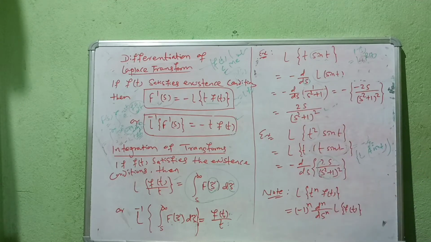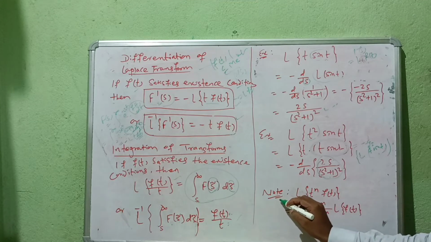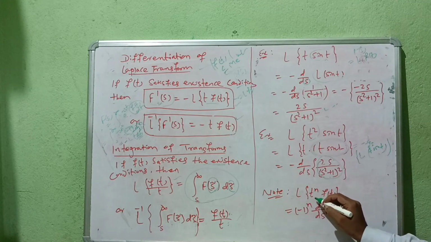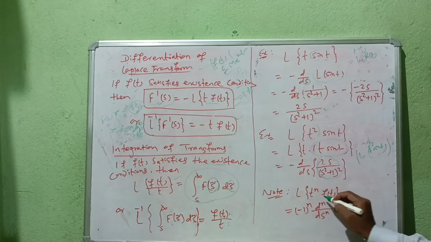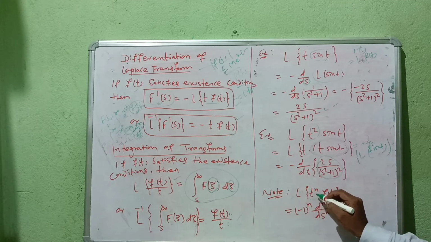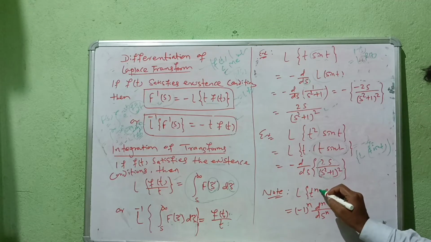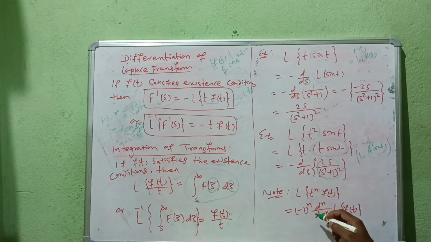So we can reduce this to a formula. Make a note that if we have to find Laplace of t to the power n into f of t, when t to the power n is there, then the general formula is that we have to differentiate n times.